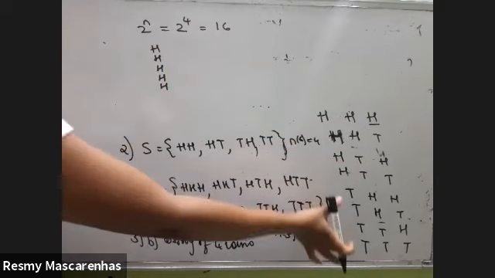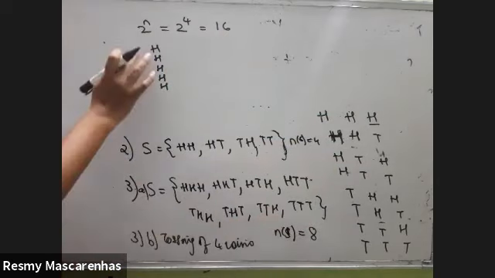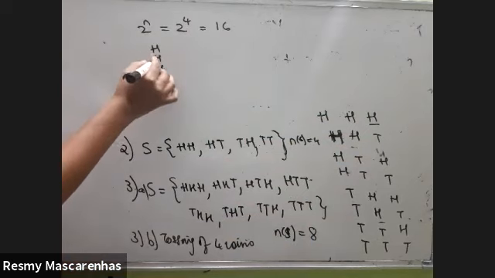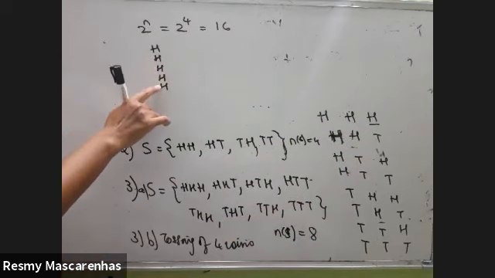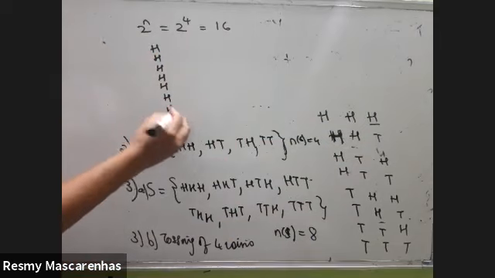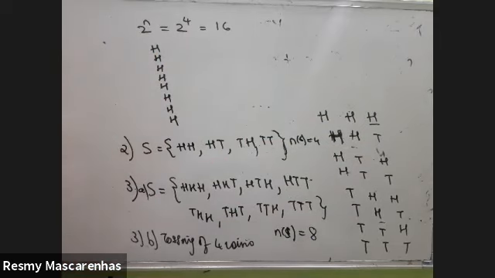How we had 4 and 4, no? Which was half of 8. Like that we'll have half of 16. So 8 heads. 1, 2, 3, 4, 5, 6, 7, 8. And then 8 tails.